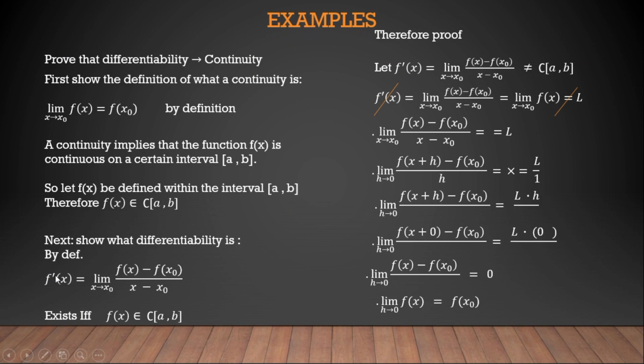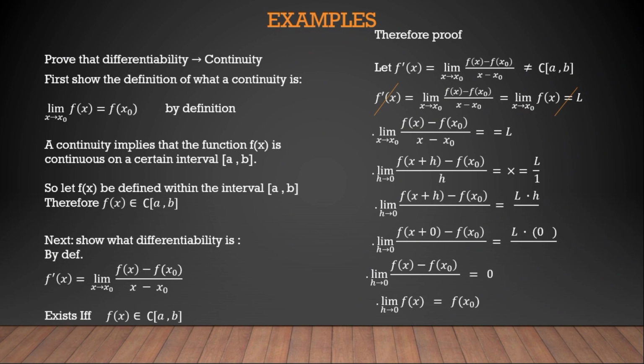By definition, differentiability means that f prime of x, the derivative of f of x, equals the limit as x approaches x naught of f of x minus f of x naught over x minus x naught, exists if and only if f of x is continuous on a comma b. So we have let f of x be continuous within this interval, meaning we have satisfied this condition. So if this condition exists, then this condition also exists, right?